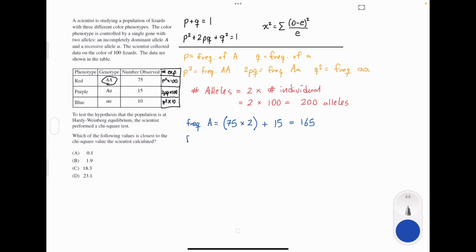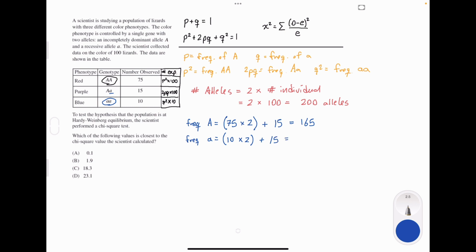Now for our frequency of our recessive alleles, we do the same thing, but this time we're going to use our blue, our homozygous recessive. And notice that we have 10 individuals, and they each carry 2 recessive alleles. And for our hetero, we've got that lowercase allele there, so we have to add 15 here as well.